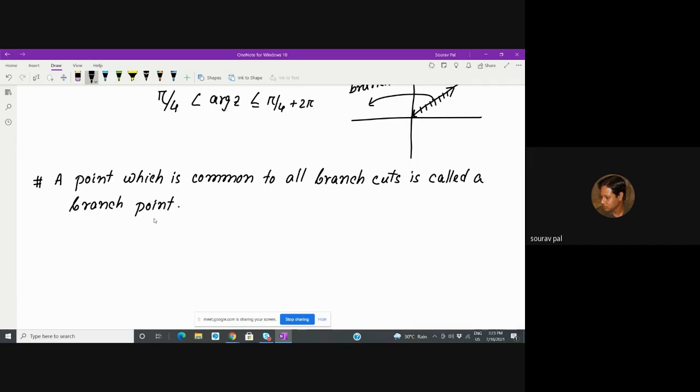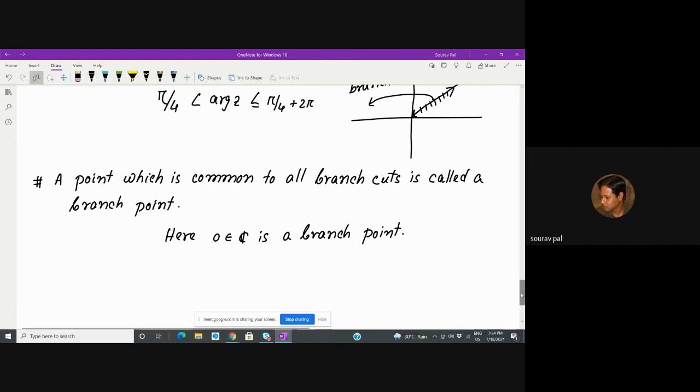So here 0 is a branch point. So in the above examples, 0 is a branch point. So is the idea clear? So what is a branch cut? A branch cut is that portion of a line that you are removing to have a branch of logarithm. Okay, as simple as that. And what is a branch point? That is common to all branch cuts.